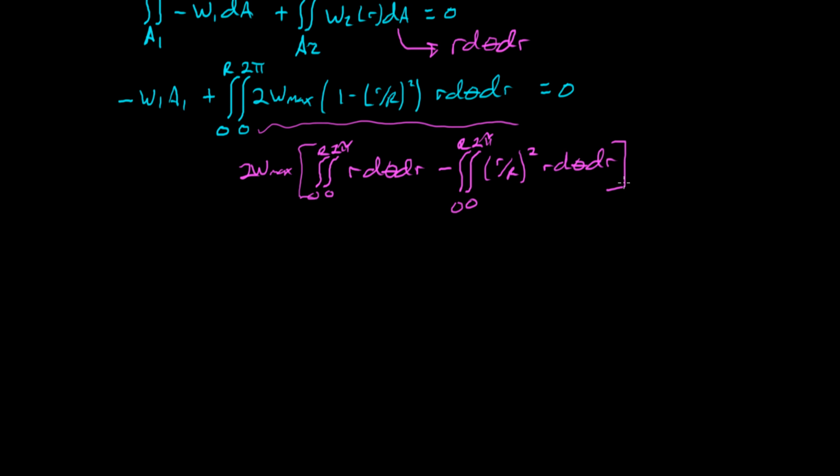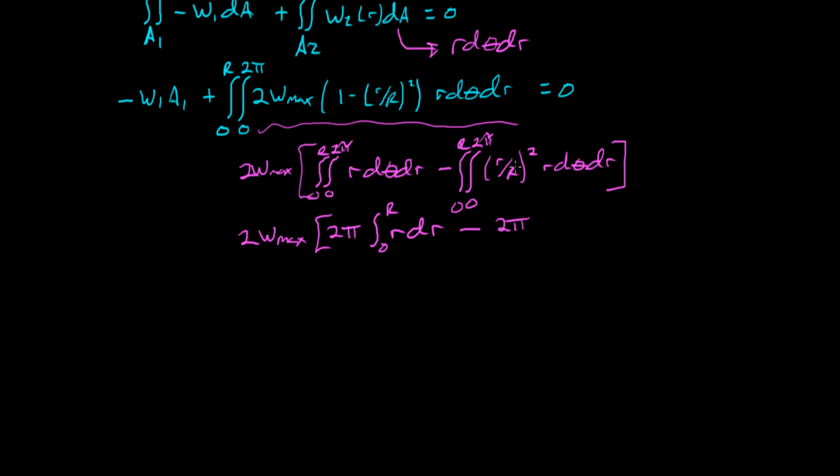just as that integral. All right, we can do the theta integral pretty easy because there are no thetas in here, and so the theta integral just becomes a 2 pi, and so I can write this as 2 W max times 2 pi integral 0 to big R of little r dr, and we're going to subtract from that, pull all the constants out of here, so the integral again gives us a 2 pi, that's the integral of theta.